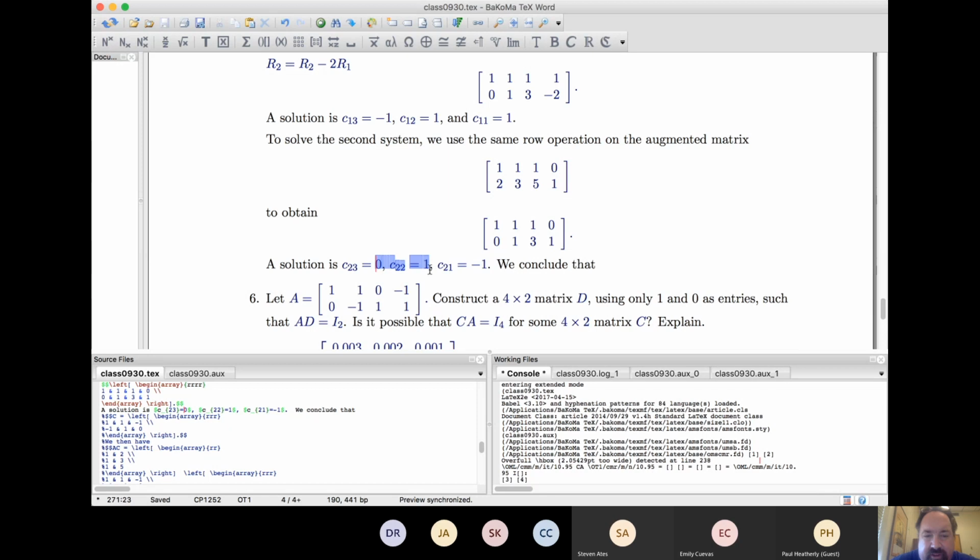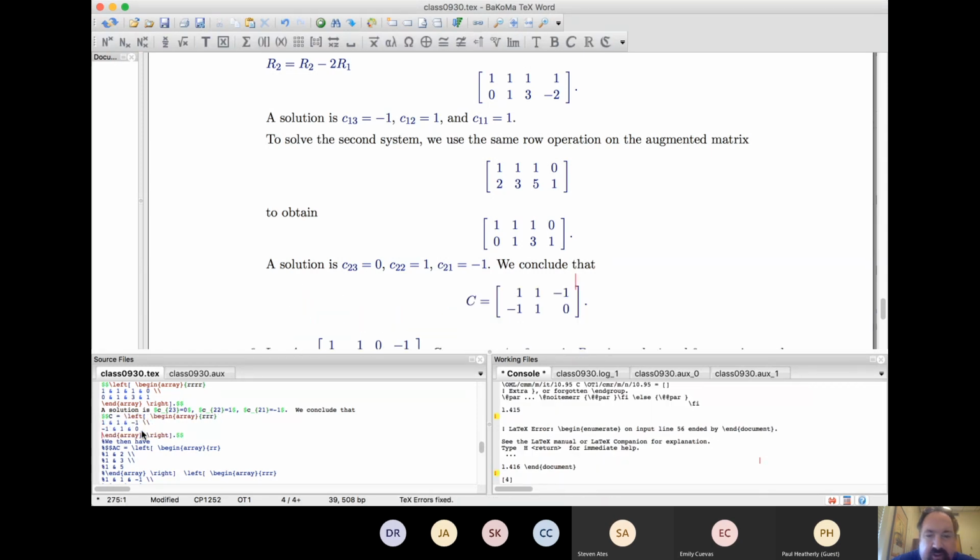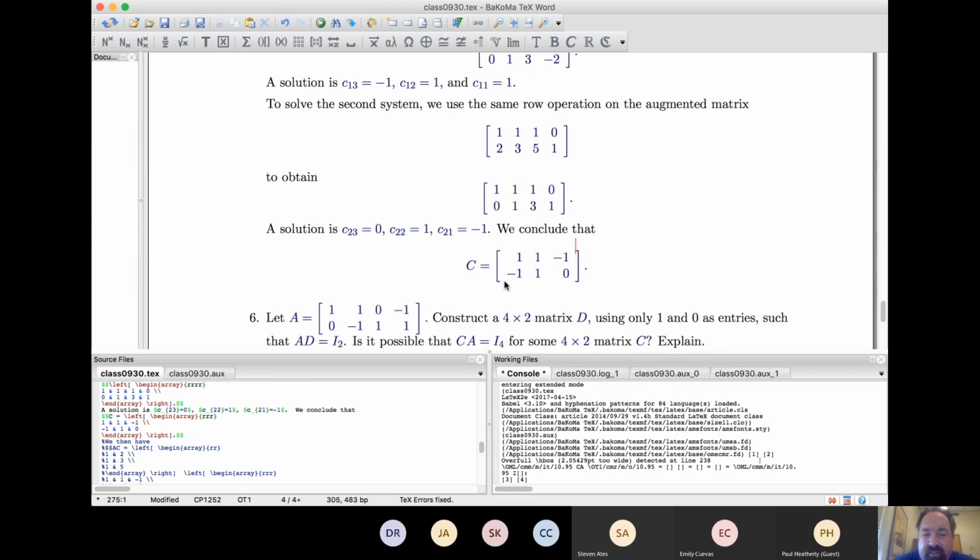So if these are already specified by the second equation, I can fill in this one by making sure it cancels out the others, so it becomes minus 1. Now I've solved for both the first and second rows of my matrix C. So if I multiply this matrix C on the left with A, I'll get the identity. So it's a left inverse, if you will.